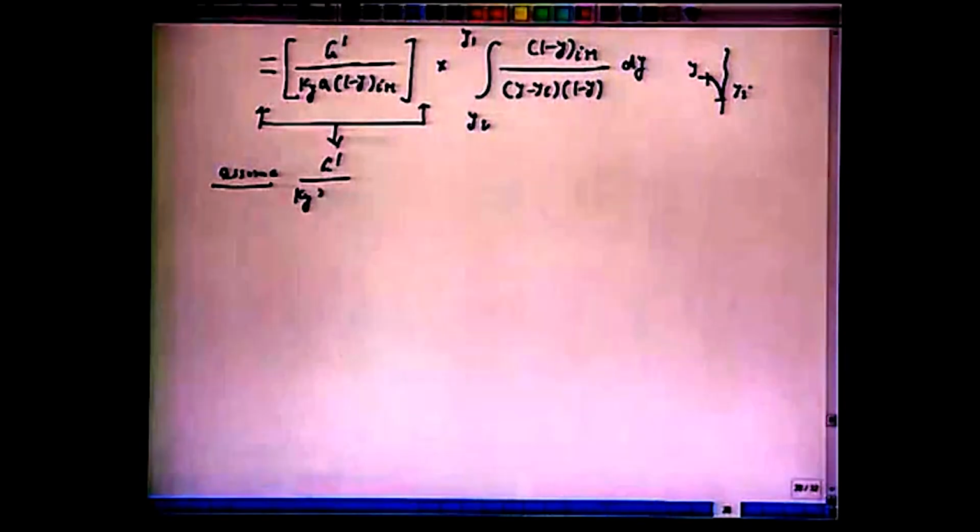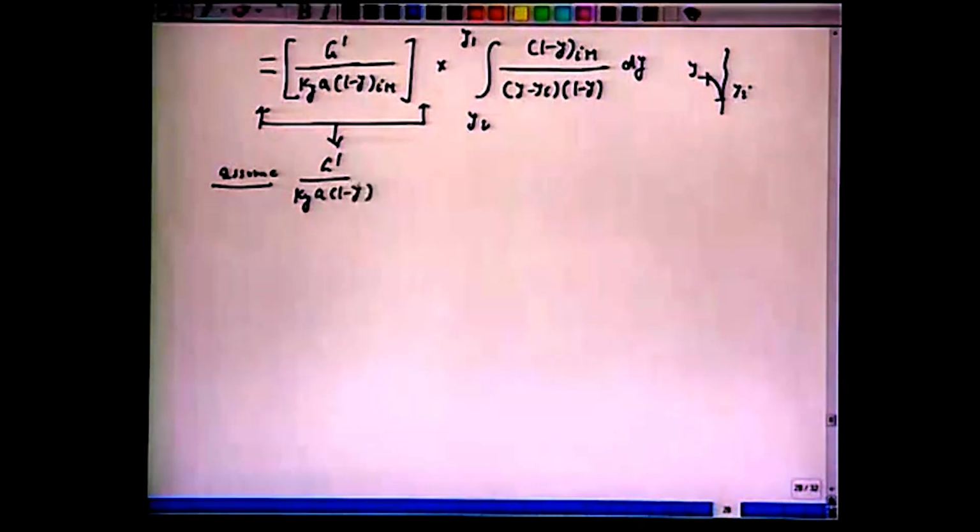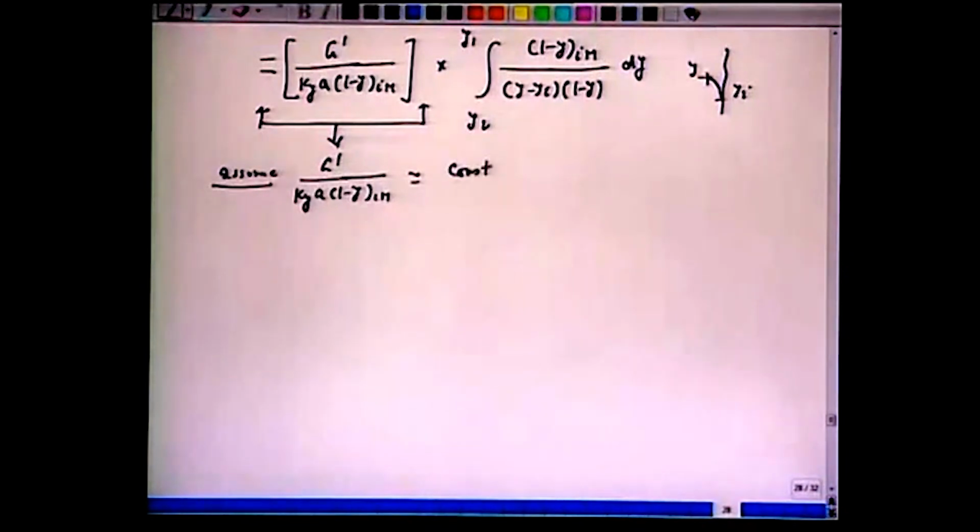At any location there is a concentration difference between y and y_I as a driving force for mass transfer. The most important thing, make a note here, is that we have taken this quantity outside the integral. So, we assume that G prime over k_y a (1 minus y)_I m is more or less constant. That is an experimental observation.